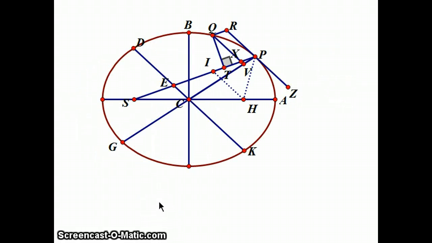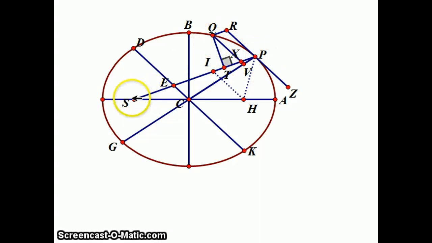Well, take a look at this pretty intimidating diagram that Newton's going to use. I'm just going to spend the rest of this time describing the properties of this diagram. So S and H are the foci of the ellipse. If you connect S and H, you get the major axis, which goes to point A. P and Q are random points on the ellipse.